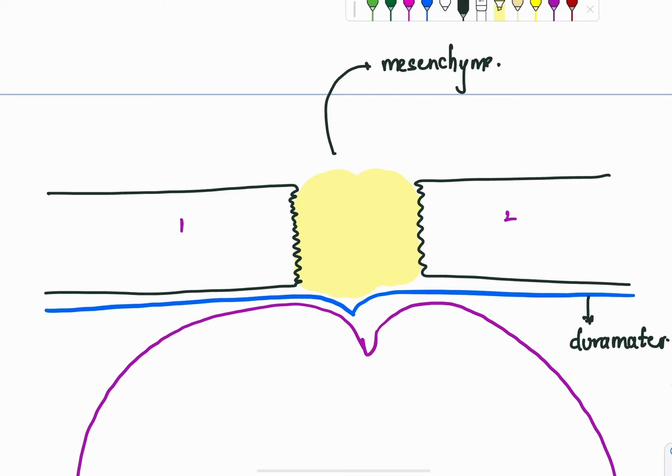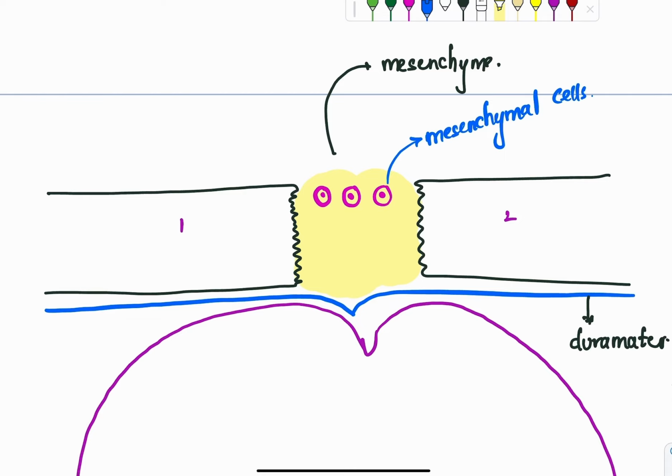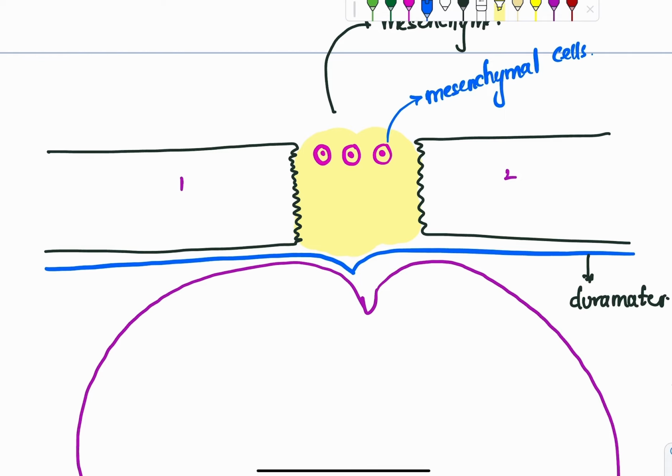Mesenchyme. What does mesenchyme consist of? Mesenchyme consists of cells called mesenchymal cells. Let me draw three mesenchymal cells over here. So these cells are called mesenchymal cells. Now, how is the suture fused?